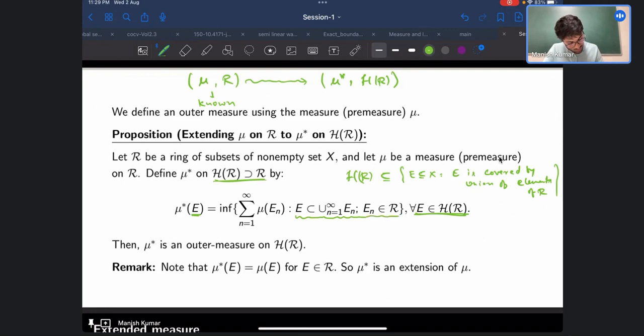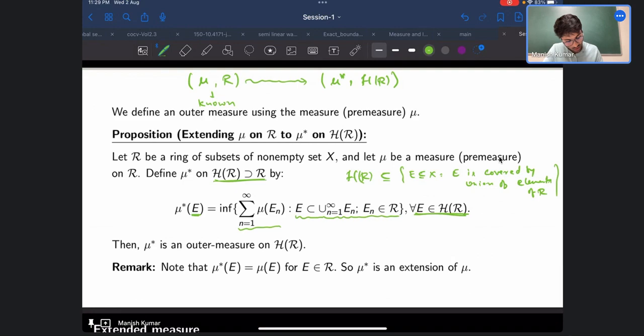Now for each cover I will have this series, and I am taking the infimum of such values. Suppose E has a cover E1, E2, E3 till E5, and suppose it has another cover F1, F2, F3. I'll add mu of E1 plus mu of E2 plus mu of E3 till E5, and then again sum up mu of F1 plus mu of F2 plus mu of F3.